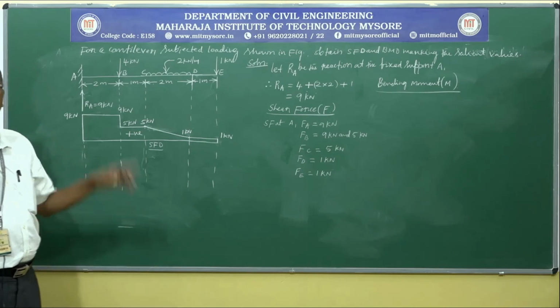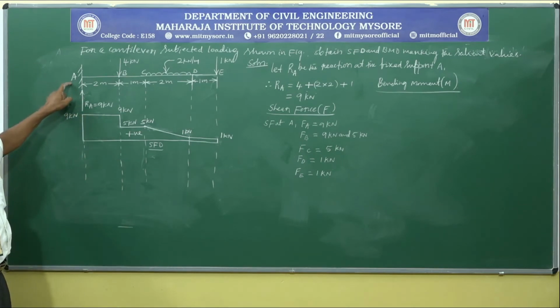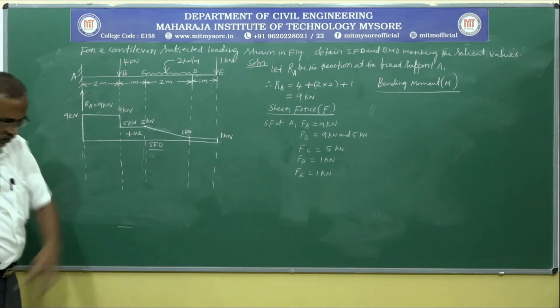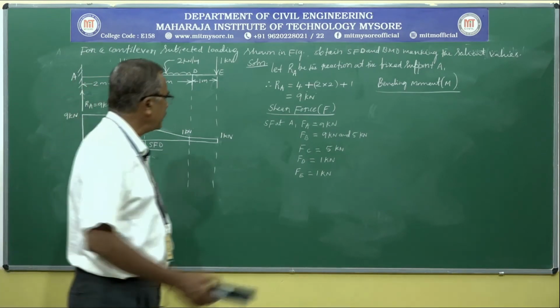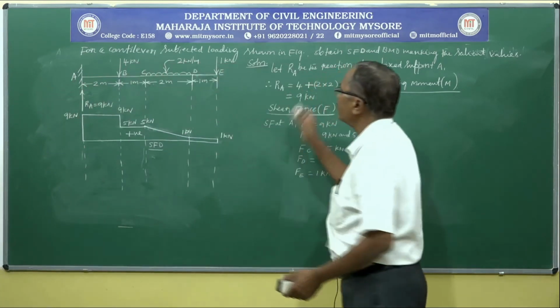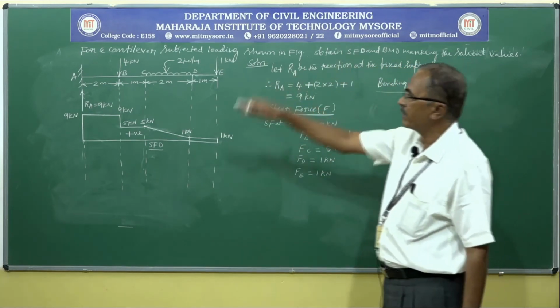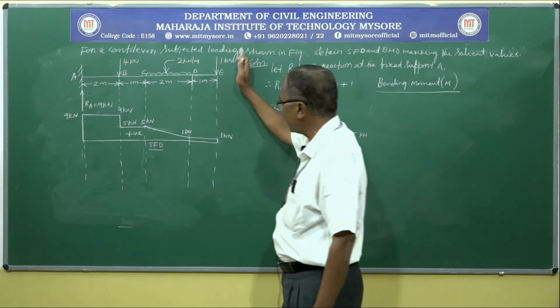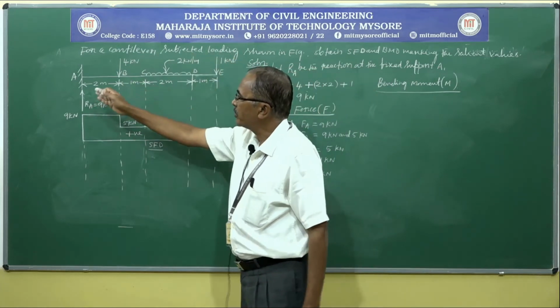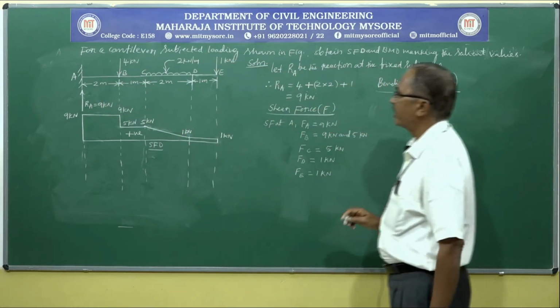That is just to avoid unnecessary complication because of the reactions and fixed end moment at the fixed end. So when we take the origin as the free end, we proceed from the right hand side if the fixed end is the left hand side. Suppose the fixed end is to the right hand side, then proceed from the left hand side, vice versa.